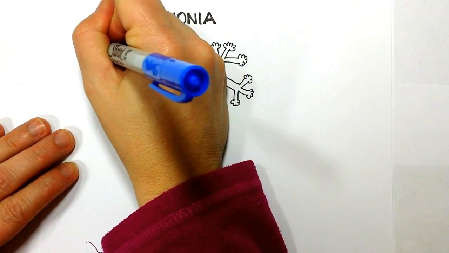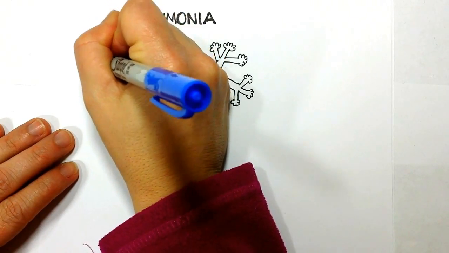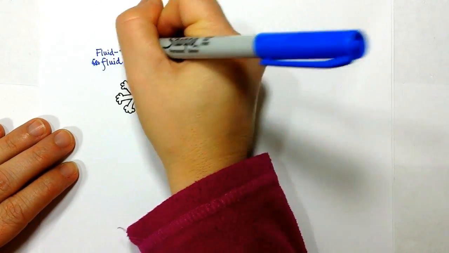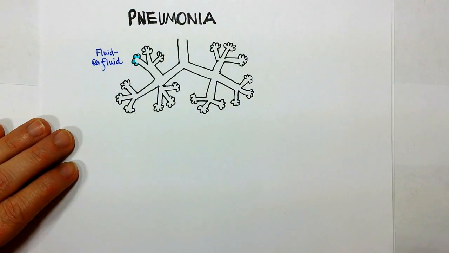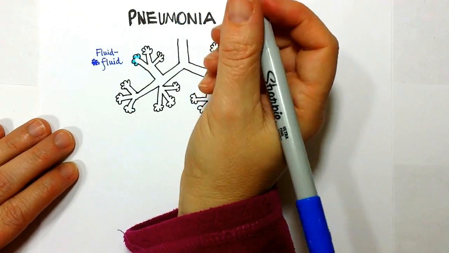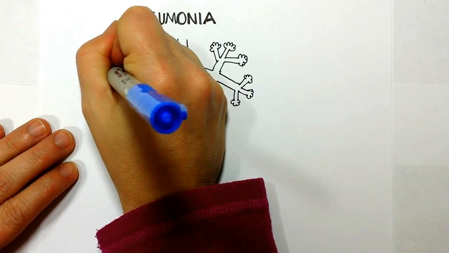And when these become inflamed, then gas exchange is impeded and the person is going to have trouble with their breathing, and at this point the diagnosis for pneumonia would be made.